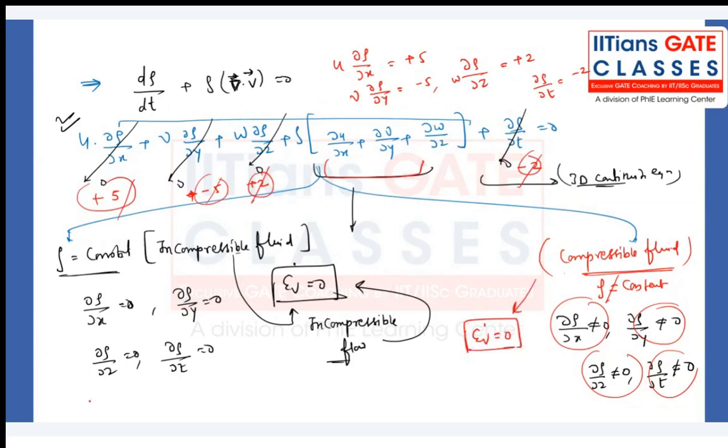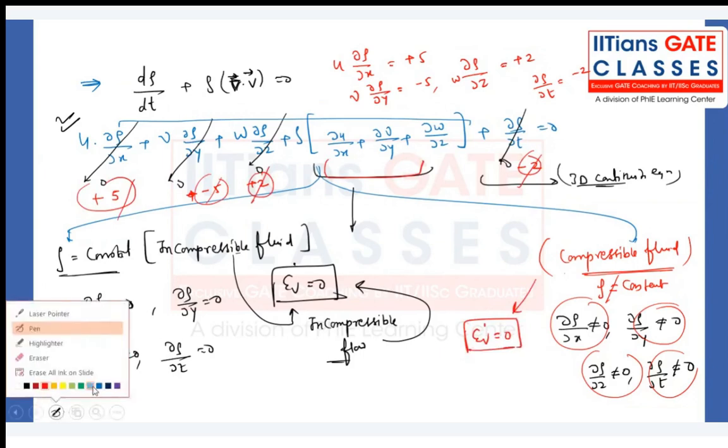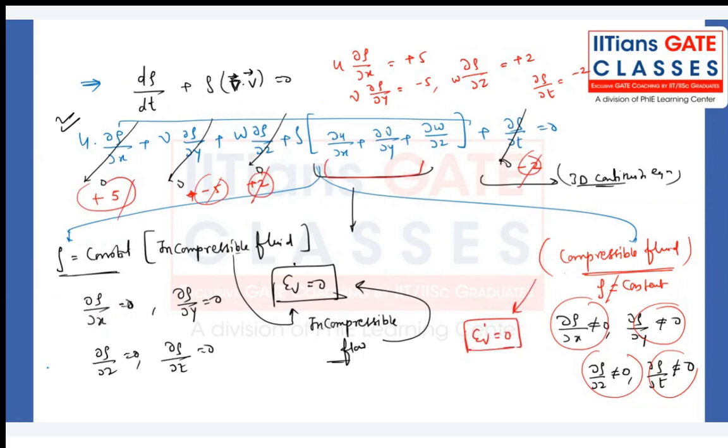So what you are arriving at is the conclusion that whenever you have incompressible flow, it can be a compressible fluid or an incompressible fluid. In examinations, they just want to avoid the one condition that we have discussed just now.